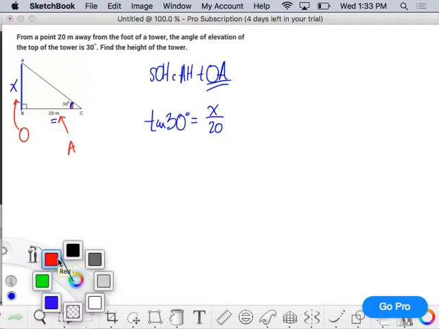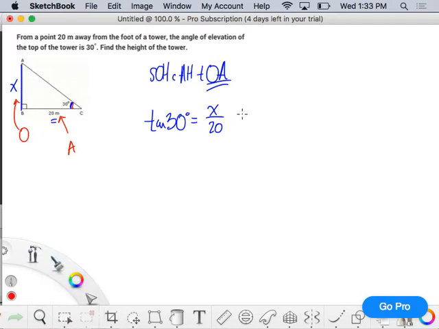What do I do now? What am I solving for? X, which is what in terms of this word problem? The height of the tower. That's what I'm solving for. So if I want to solve for x because I'm trying to find the height of the tower, what do I do? Multiply by 20.